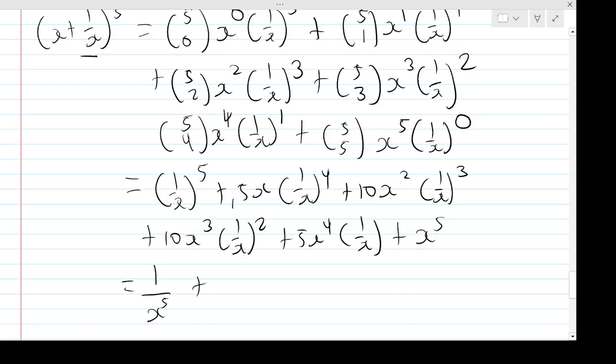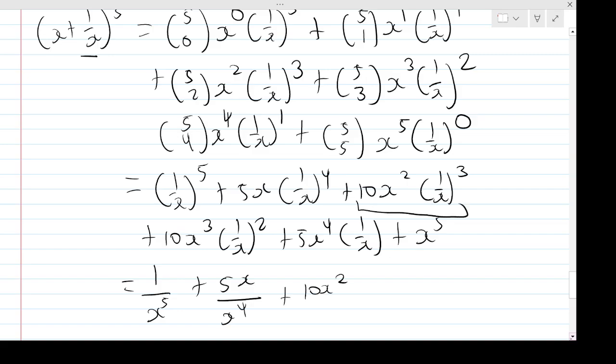Then the next term here. So we're going to have 5x, but then 1 over x to the 4 is just 1 over x to the 4. So then that'd be times 1 over x to the 4. Or we could just say 5x over x to the 4. Okay, then the next part, well, that's 10x squared.